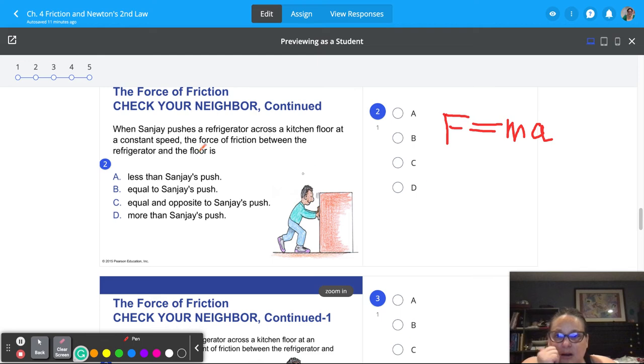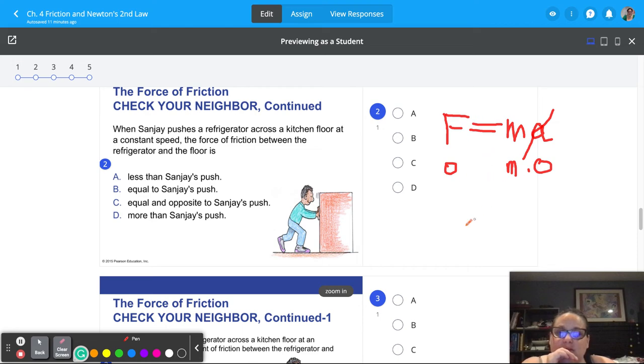Constant speed means I'm not changing velocity, which means that I do not have acceleration. So acceleration is zero. So the mass, regardless of what it is, times zero means that the net force is also zero.